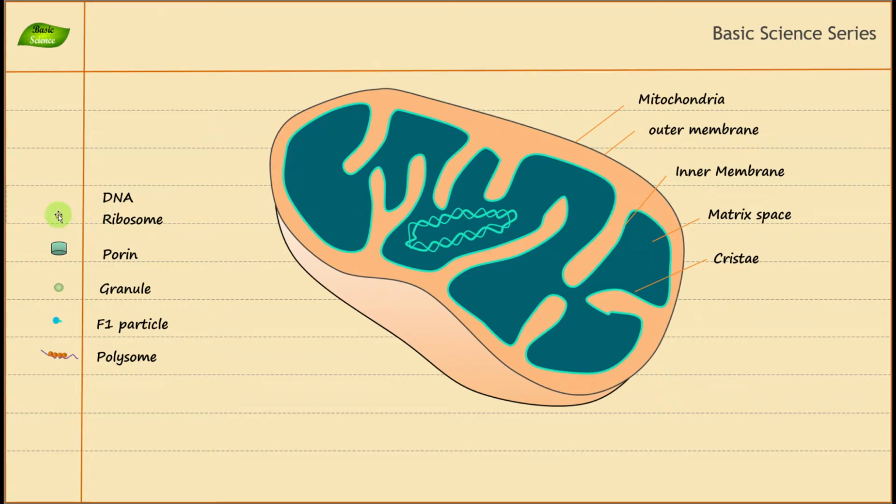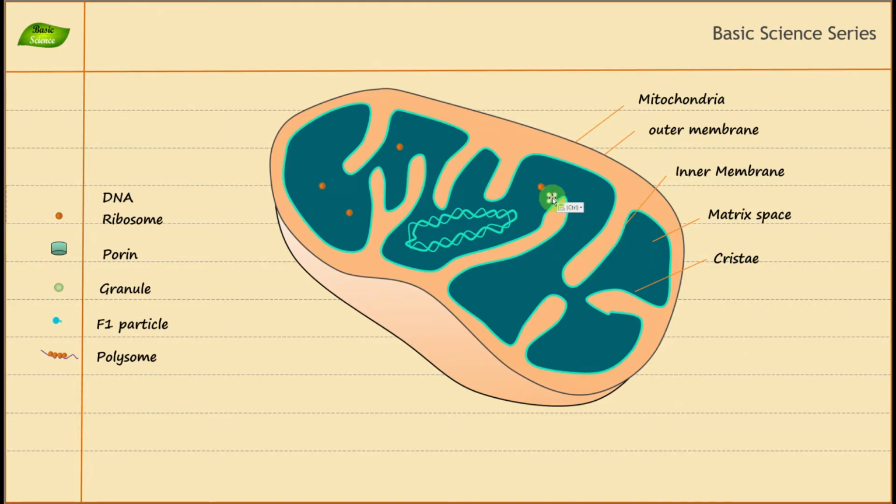And further, to make the proteins, you need to have ribosomes. So I also want to discuss the function of ribosomes here. I'm sure that you all are aware that ribosomes play an important role in protein synthesis.